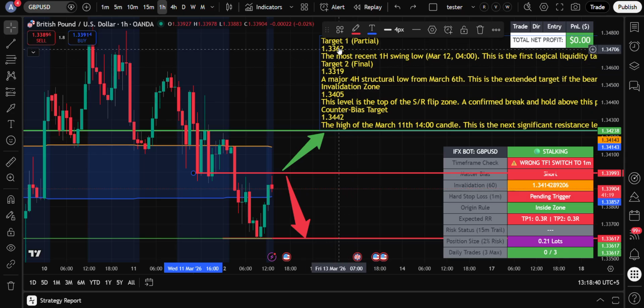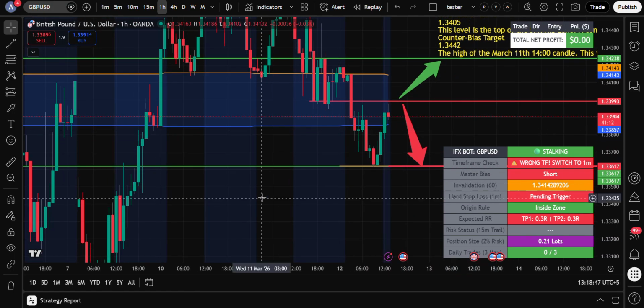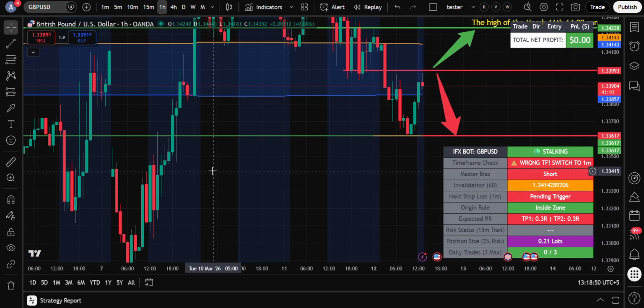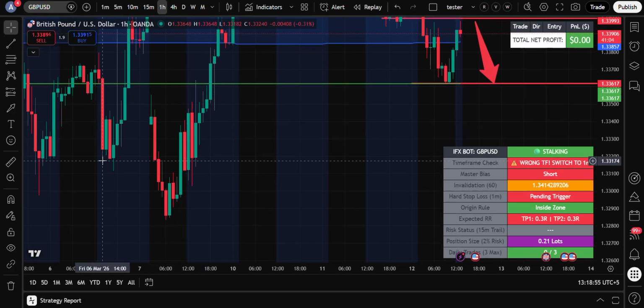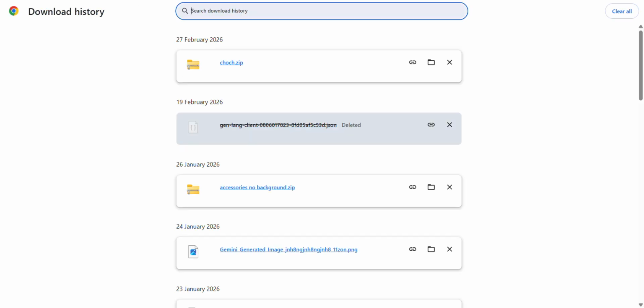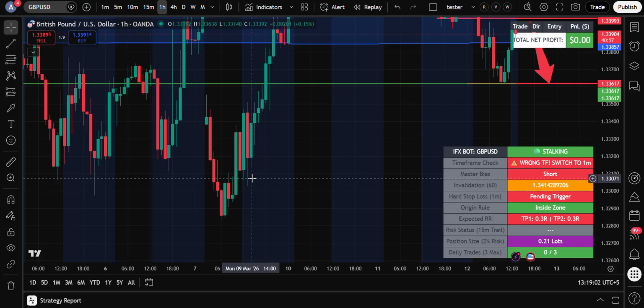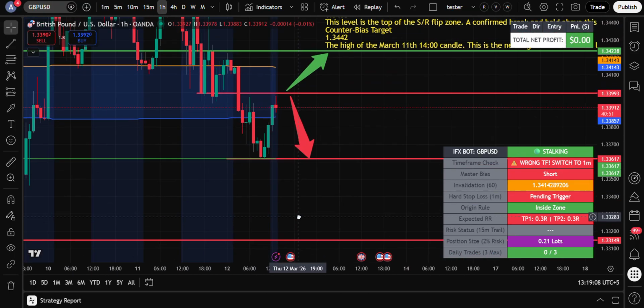The target one is 1.3362, same as my one target, and the second target is 1.3319. Oh, it's ambitious, guys. But it is still correct. Ambitious, but still correct, guys.